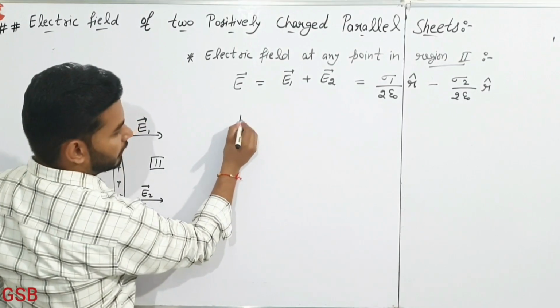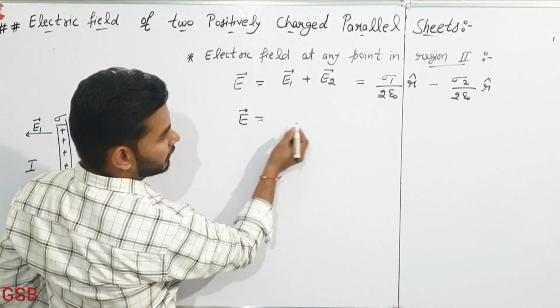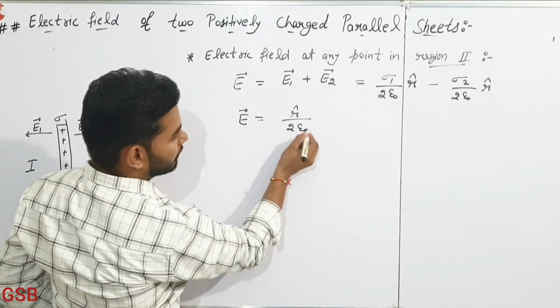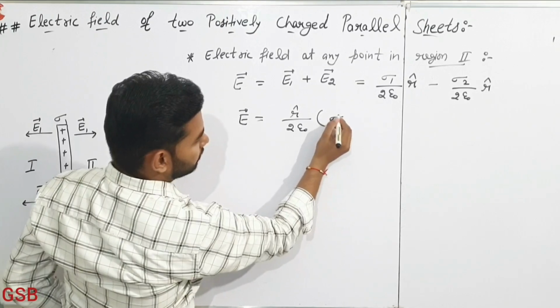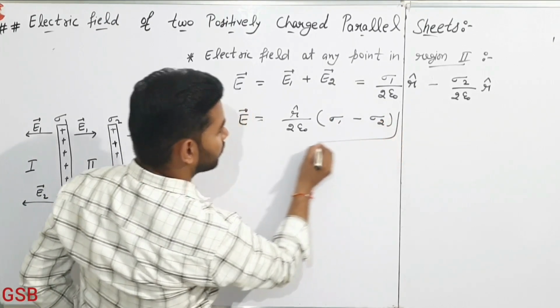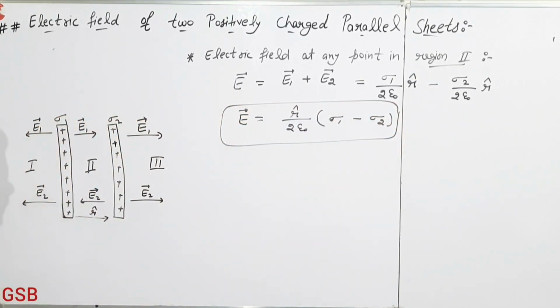So the total electric field in region second is R cap by 2 epsilon naught times sigma 1 minus sigma 2. This is the electric field in region second.